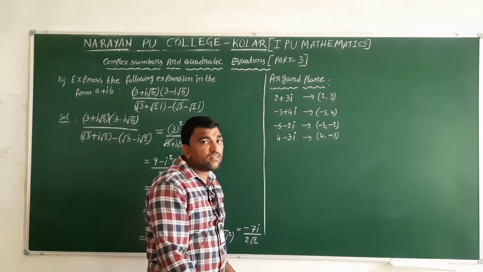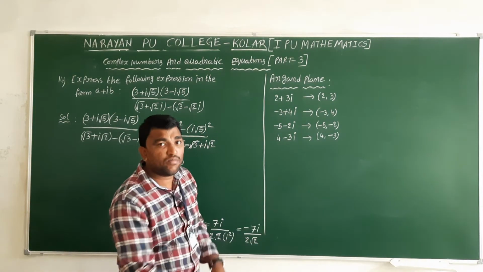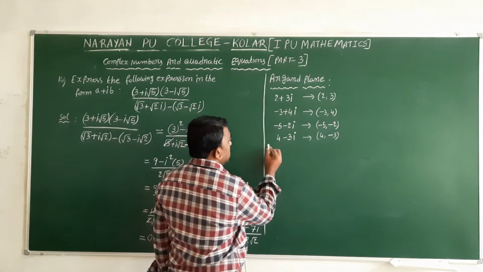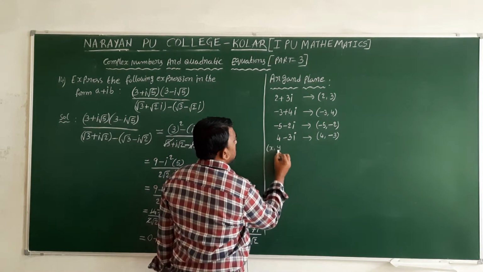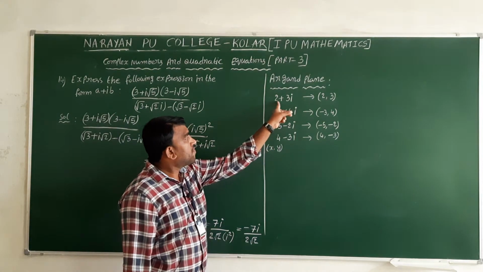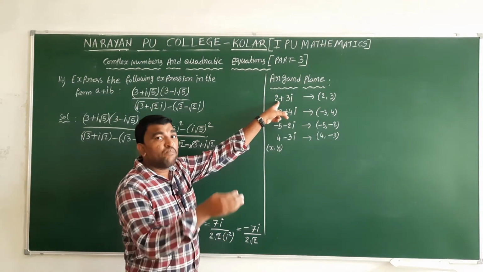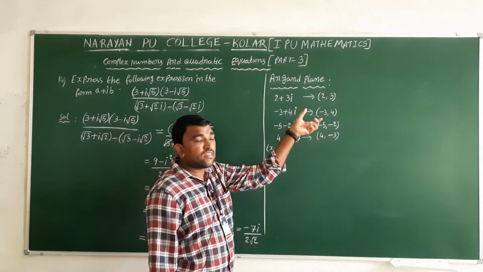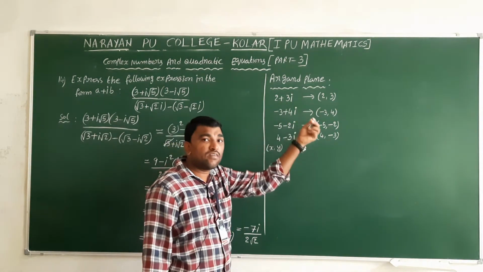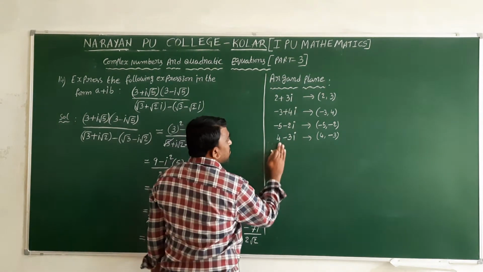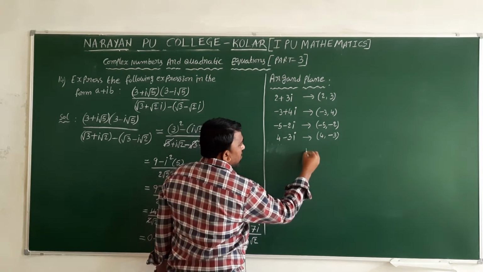In the coordinate plane, the ordered pair we take is x comma y. Here, in place of x comma y, based on the complex number, we take 2 comma 3. That is what complex number assigned, that is what the Argand plane is. This is how to represent on the Argand plane.